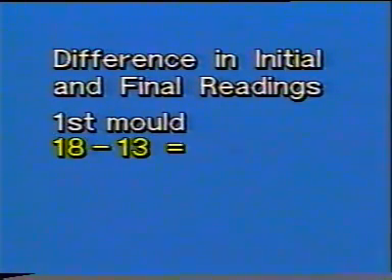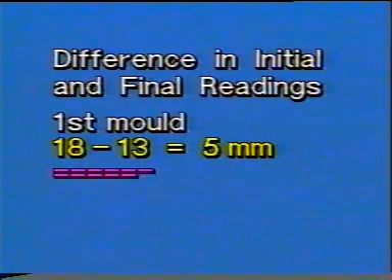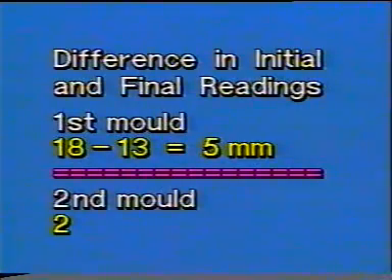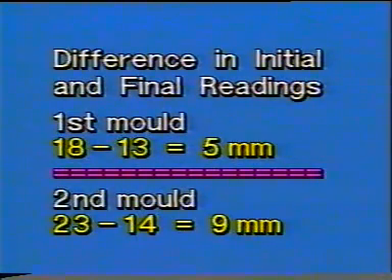The difference in the initial and final readings for the first mold is 18 minus 13 is equal to 5 millimeter, and for the second mold it is 23 minus 14 equal to 9 millimeter.